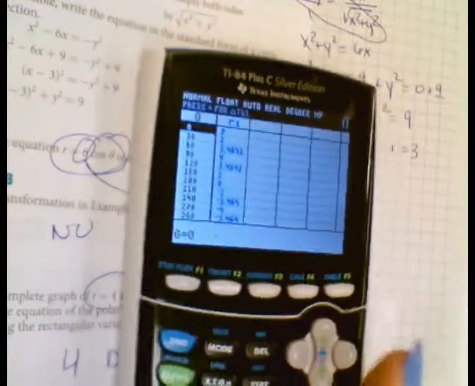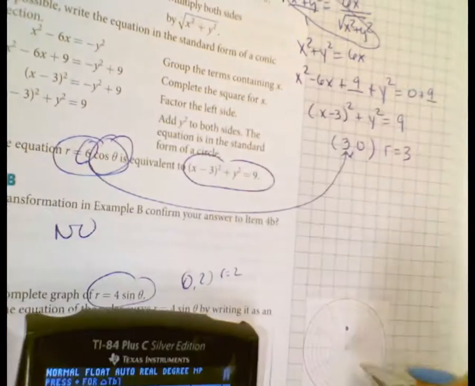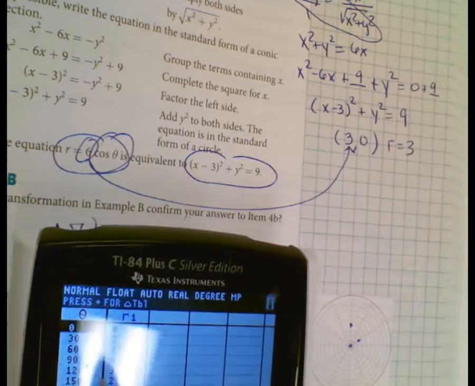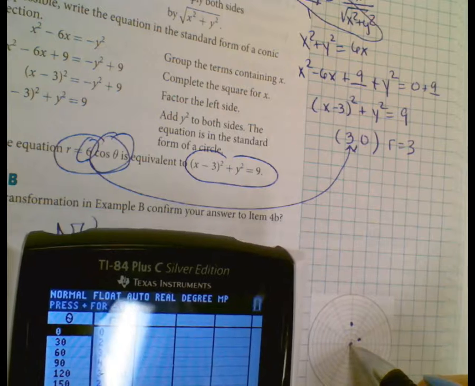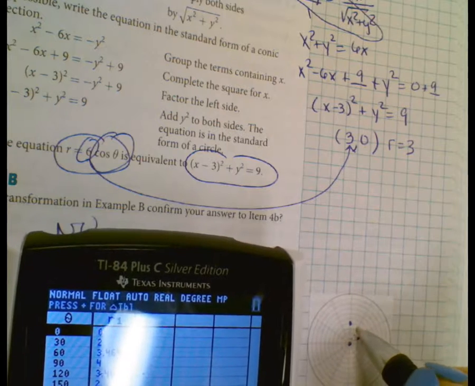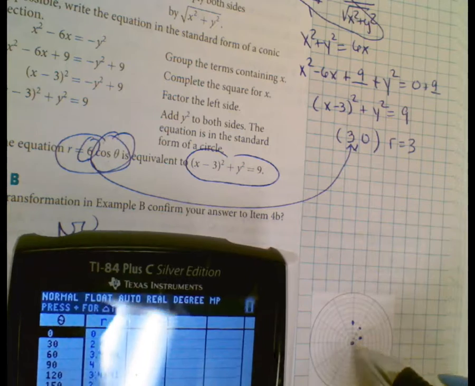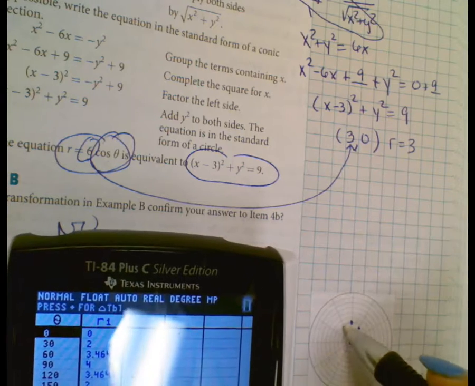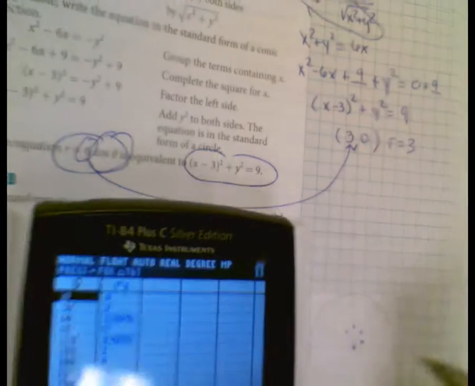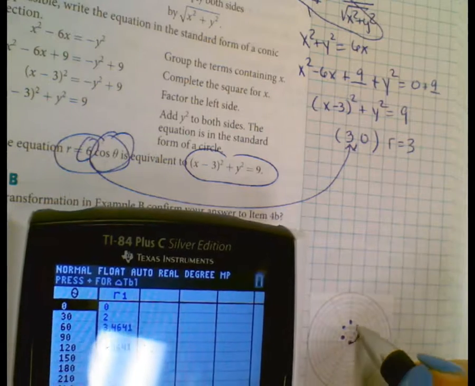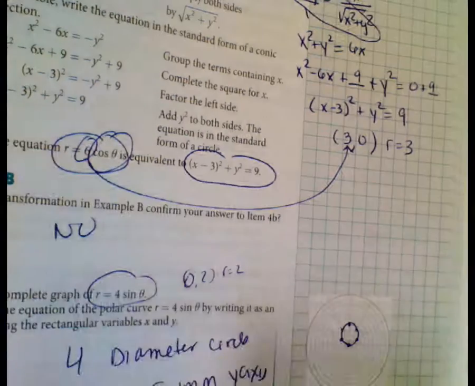We're going to have a point at (0, 0), which is right here, at the pole. 32. We have 63.5. There's your 94, which we already have. 123.5. We have 152. And then we go back. So there is your picture.